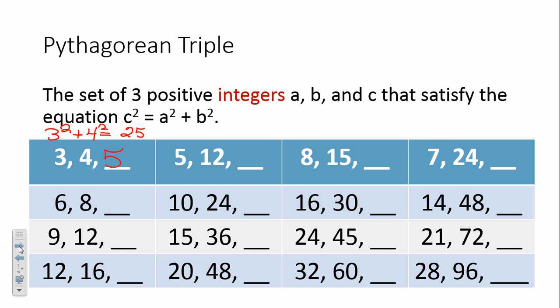Okay. Brian, you've got 7 squared and 24 squared. Okay. Jaden, 6 squared and 8 squared for me. Okay. What'd you get? That's right. No, put it in red.